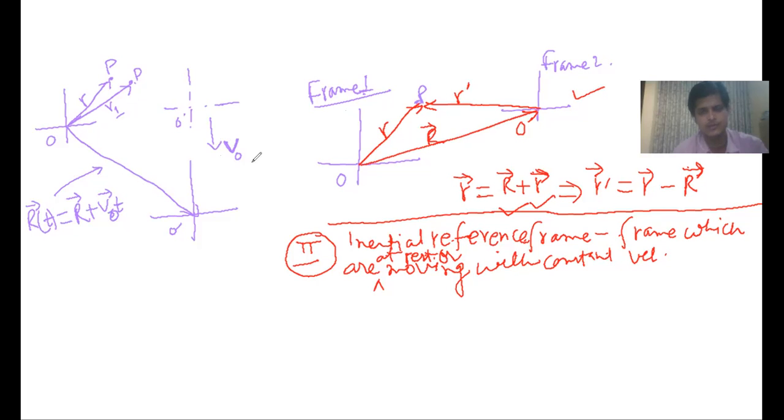It is moving with the velocity V naught. Suppose it has also changed its position, so I can write it. So this will be the new position, and I can write it as R2.